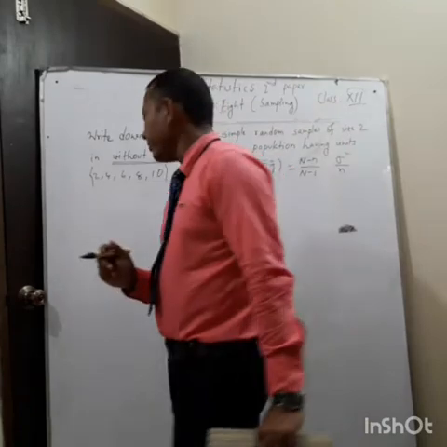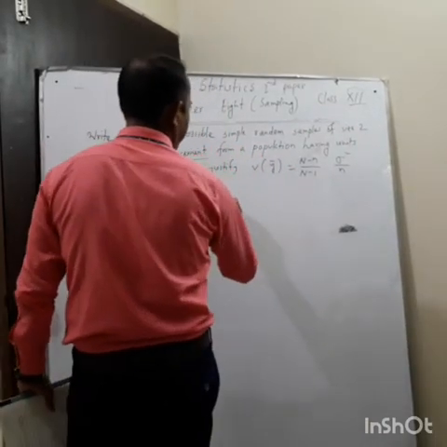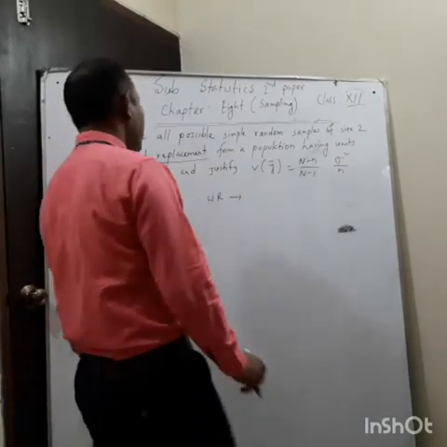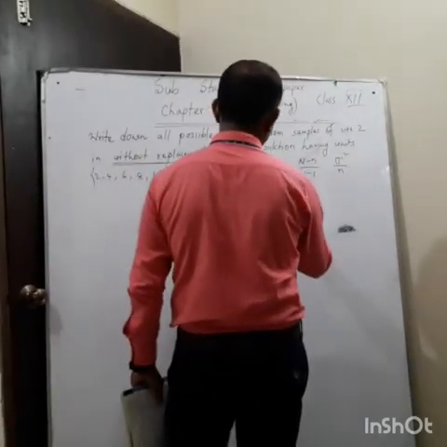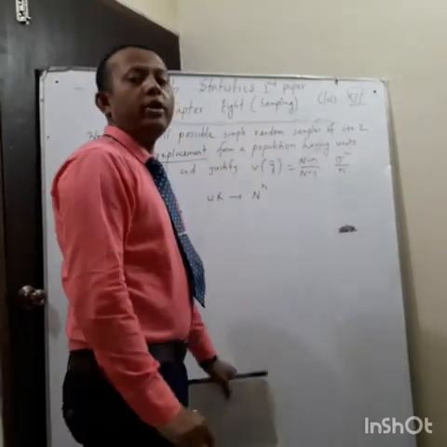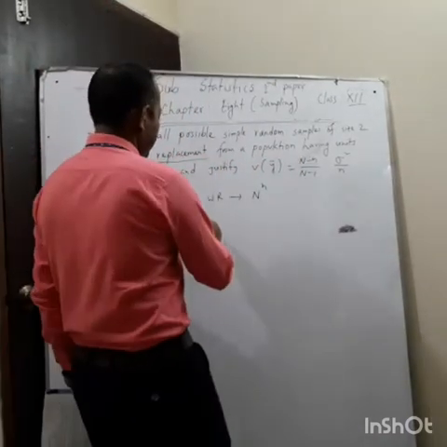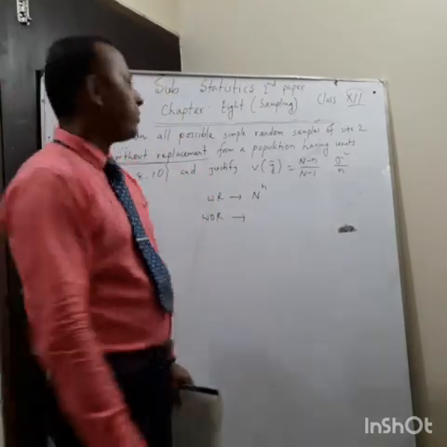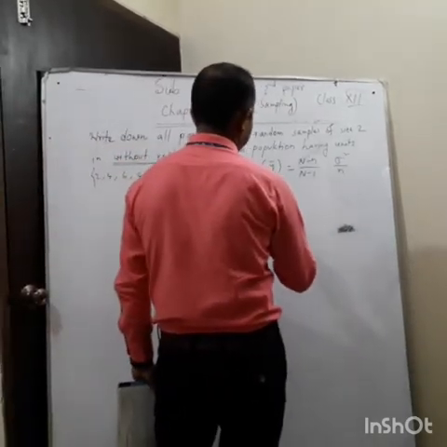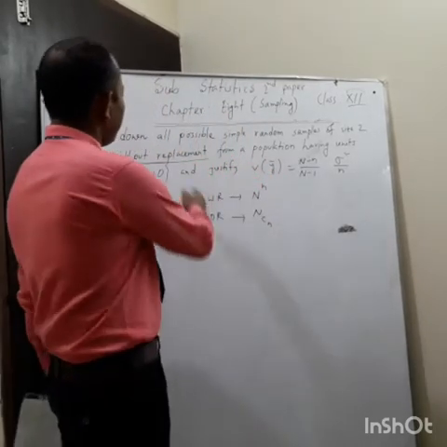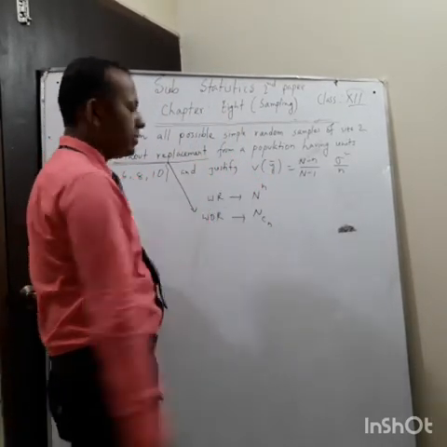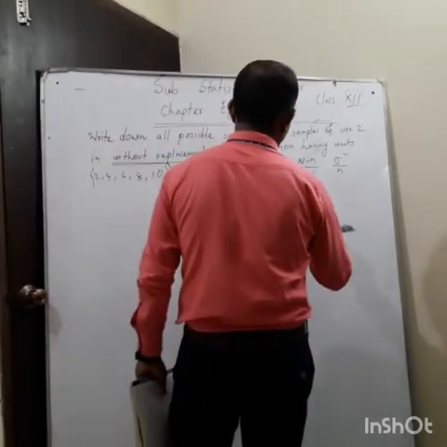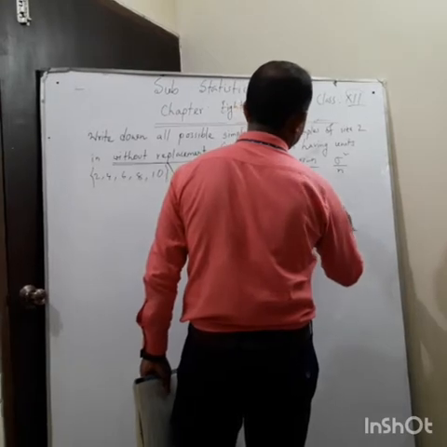When it is with replacement, the number of samples is equal to N to the power n. When it is without replacement, the number of samples is equal to NCn. Here the problem is without replacement, so the number of samples will be 5C2, that is 10.